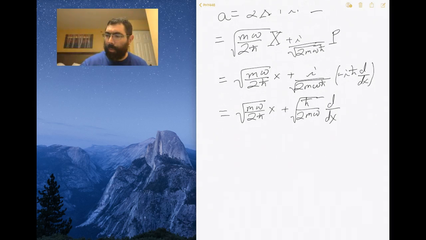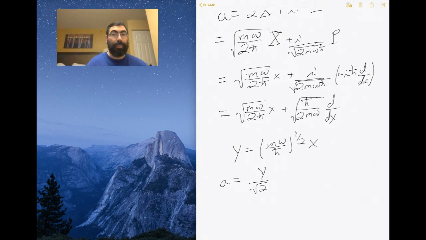Now let's go back to our variable y, which we said was the square root of m omega over h bar times x. If we do that, then what we get is a in terms of y instead of x. And so we would get y over the square root of 2, which looks a little bit cleaner, plus 1 over the square root of 2 d/dy, which again is also much cleaner.